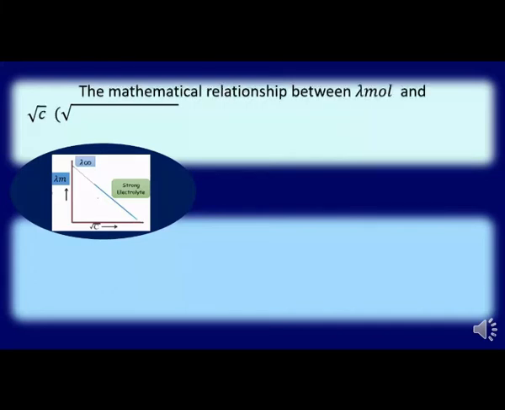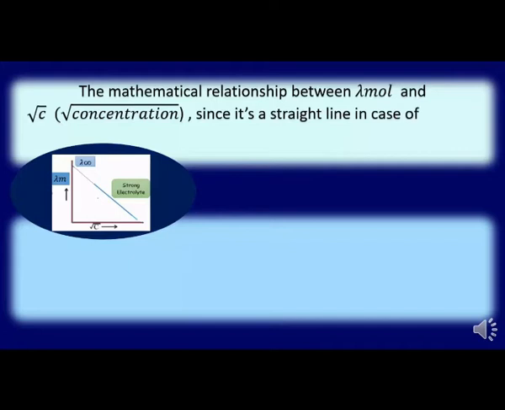You've seen that the graph between molar conductivity and square root of concentration in the case of a strong electrolyte is a straight line. Now, if we try to represent it mathematically, it was actually studied by Debye, Huckel and Onsager.